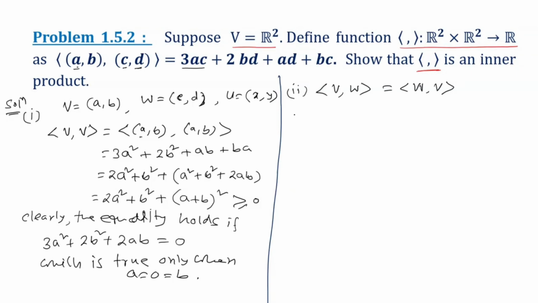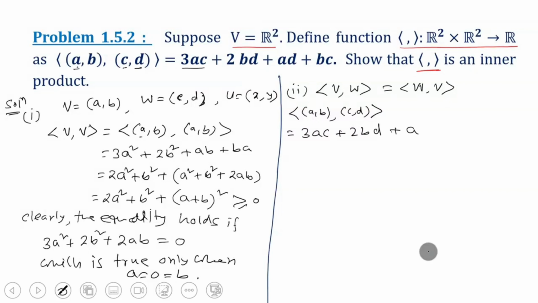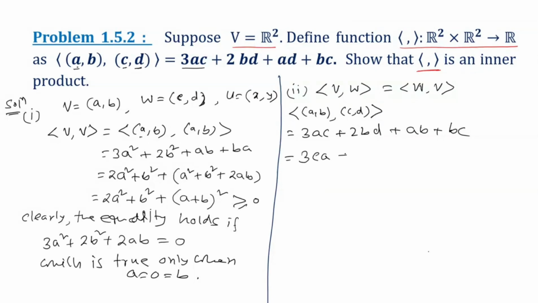We start with ⟨v, w⟩. So v, w means we'll have (a, b), (c, d), which by the definition is 3ac plus 2bd plus ad plus bc. Now as a, b, c, d are all real numbers, we can rewrite this as 3ca plus 2db plus da plus cb.